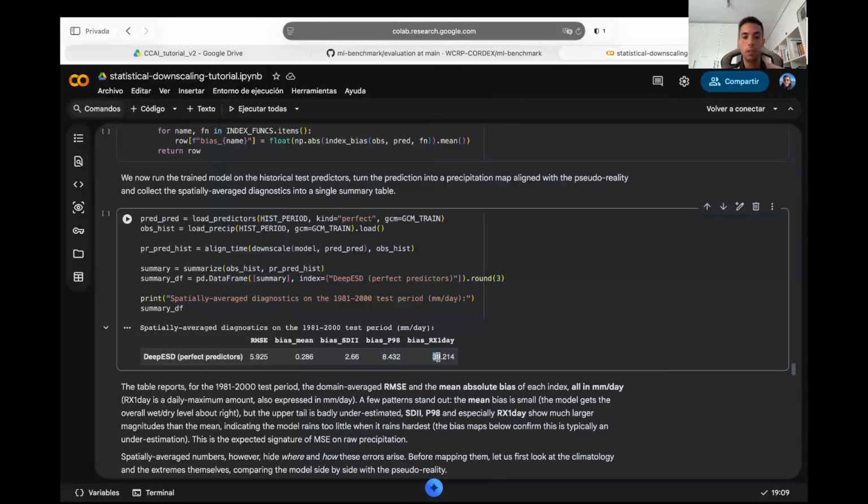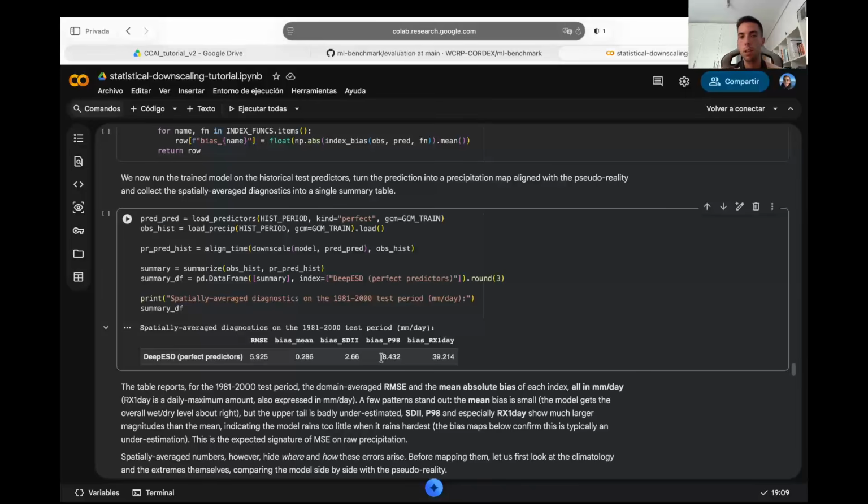But if you go to this index, which is assessing the annual maximum of precipitation, so this is trying to see how well the deep learning model reproduces quite extreme values, you see that we have a really high error. Actually, one could say that in this case, the model is not able to properly simulate, to properly downscale extreme precipitation cases.